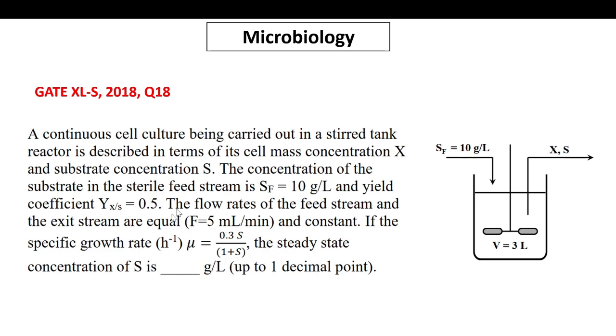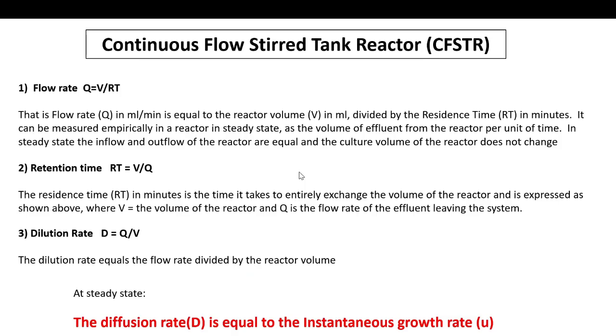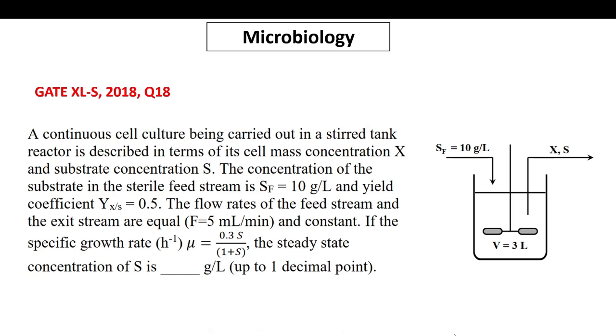They have given the equation of your growth rate, and if we calculate this dilution rate, then because it is in a steady state, we can move directly to the growth rate, because at the steady state the dilution rate and instantaneous growth rate are equal.